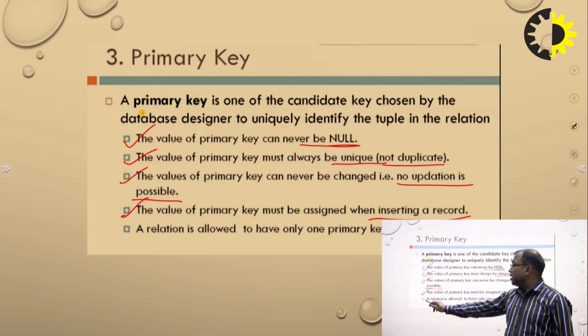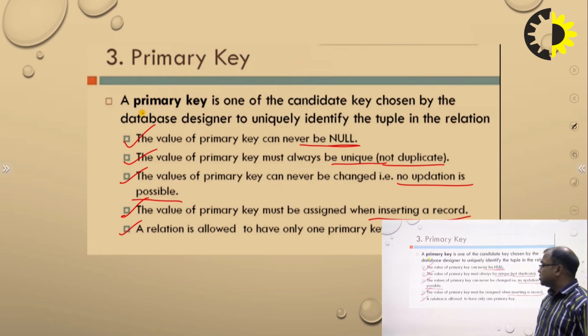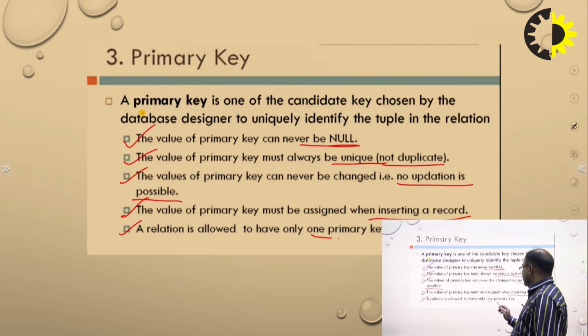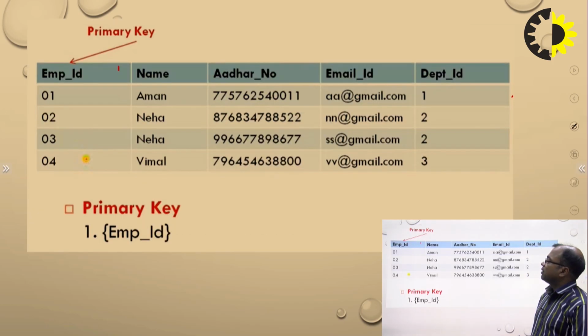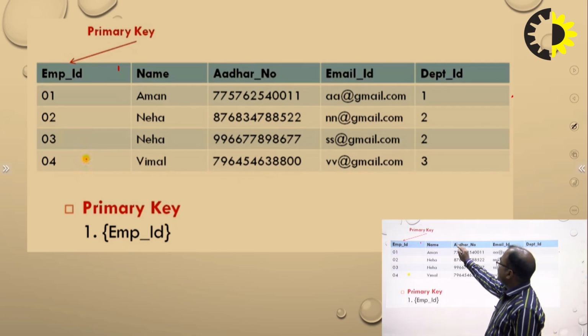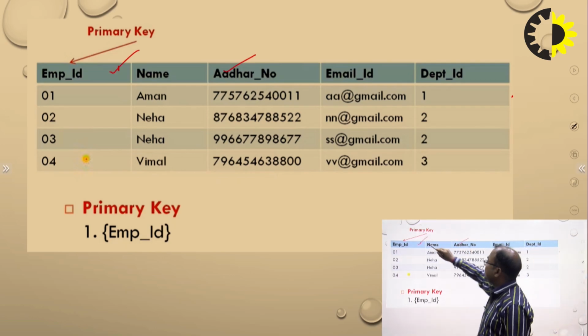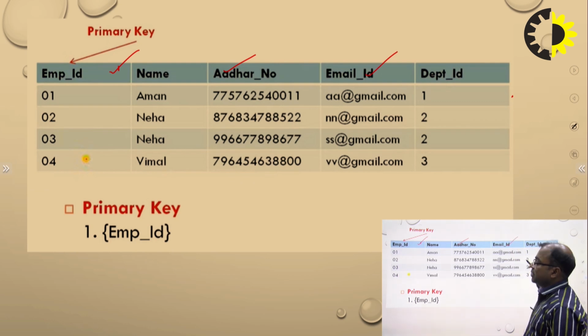Next, a relation is always allowed to have only one primary key. It means every relation, every file, we have only one primary key. We cannot say there are two or three primary keys inside any table. Likewise, here the others are also candidate keys inside this table.